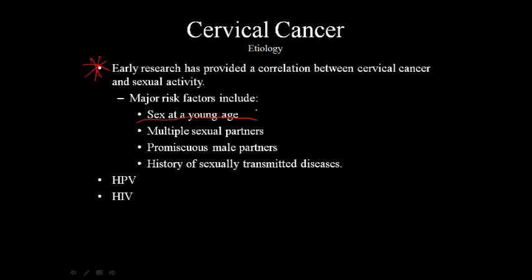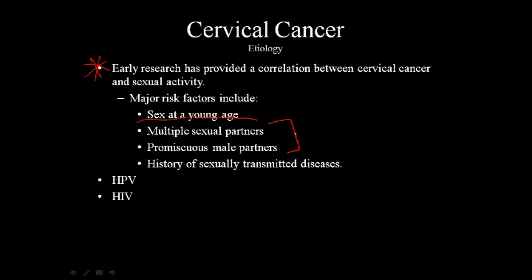Multiple sexual partners, meaning that you're introduced to varying degrees of bacterial and other risk factors. Promiscuous male partners, meaning that who knows what kind of diseases may be introduced into the cervical area. And also a history of sexually transmitted diseases, which kind of mirrors what we've already said.